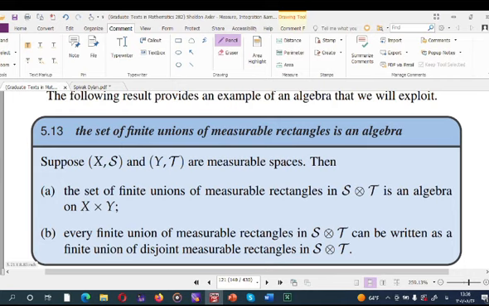And B, every finite union of measurable rectangles in this sigma algebra can be written as a finite union of these shown measurable rectangles in S tensor tau.